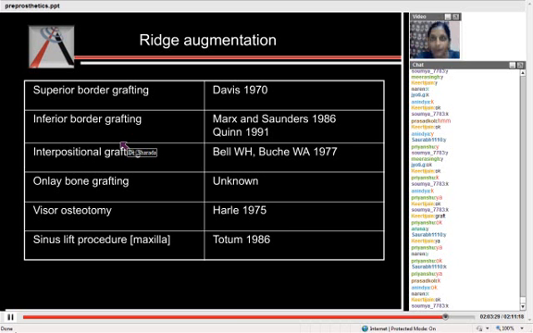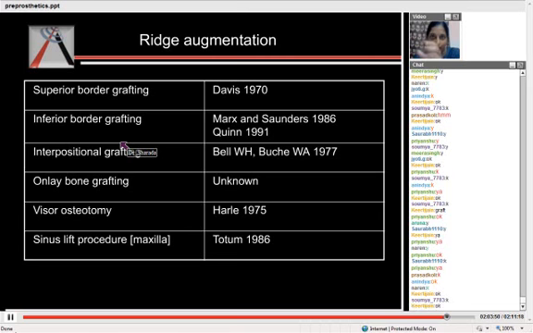Suppose, for example, in the premolar to premolar area, on the lingual cortical plate, you give a vertical incision and raise it above. The difference in the height of the labial and lingual cortical plate should be filled with your hydroxyapatite crystals. Are you getting my point? That's the interpositional grafting.